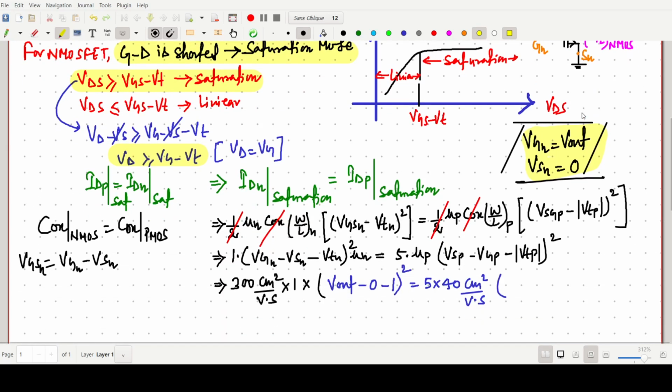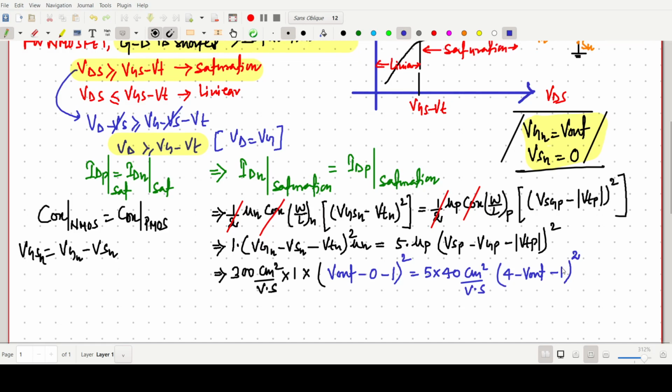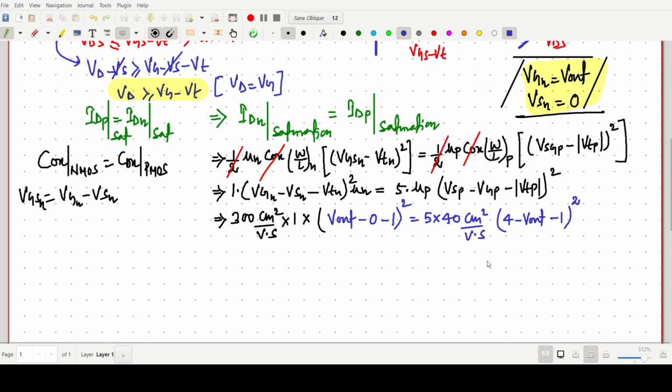Okay, so one can write 4 minus VGP, already we have calculated our V output term, and minus mod VTP, so it should be 1 whole square. Okay, now we have to solve this one to find the value of V output. So we are just cancelling centimeter, the unit becomes unitless.